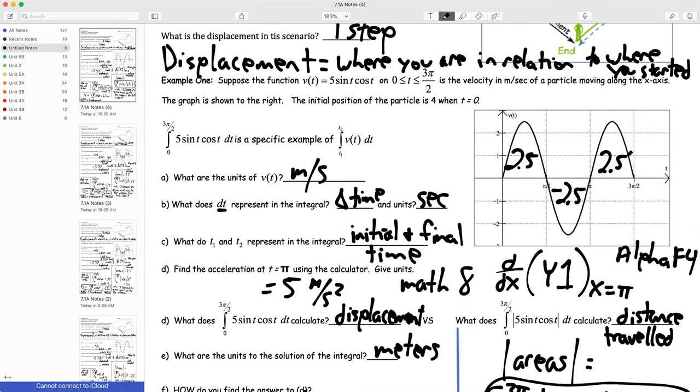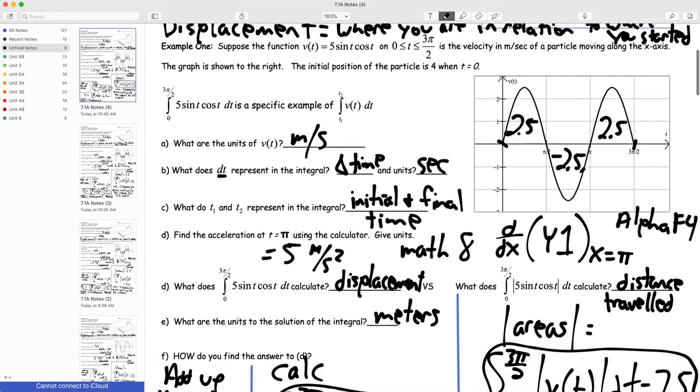So if I'm calculating the displacement from here to here, this positive area and this negative area are going to cancel out. And I end up with just this 2.5 for the displacement. For the total distance traveled, it's going to be the absolute value. So this negative would become positive, and I would add all those together, which gives me 7.5. So total distance is absolute value.